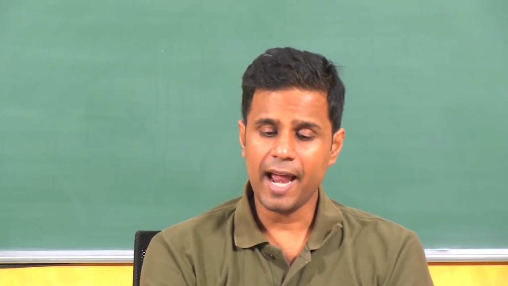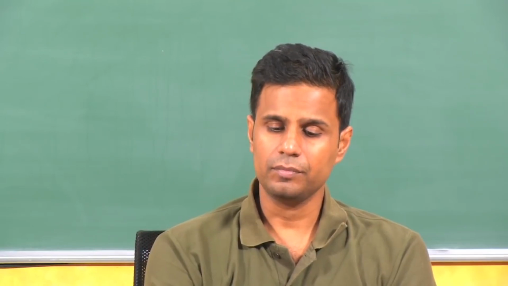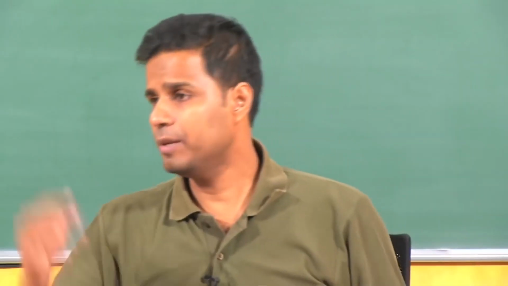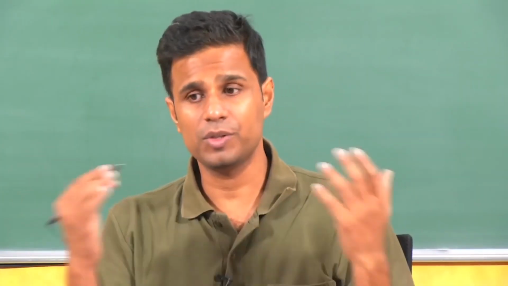You can only do that if there is a standard reference frame, and this is actually a very important problem in robotics, in ship and aircraft navigation, human movement, everything. Every movement must be expressed with respect to a standard reference frame. It cannot be expressed with respect to his reference frame or her reference frame. It should be with respect to a standard reference frame which everyone understands.